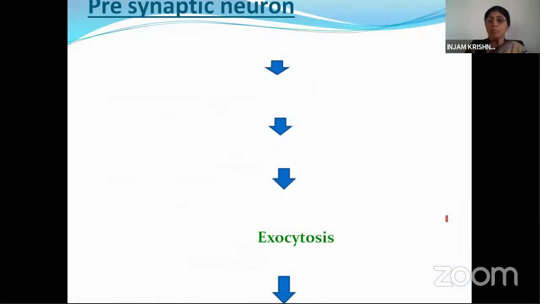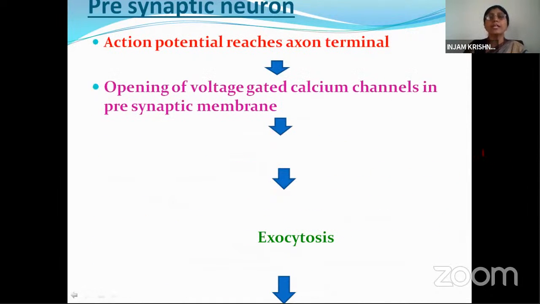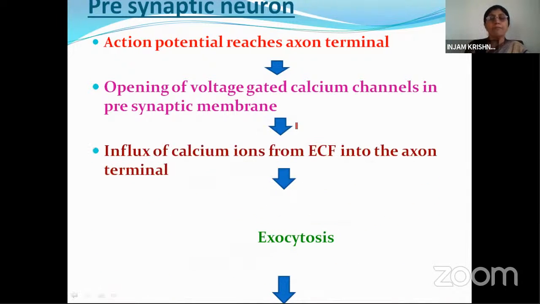Okay. Now I want to show it in sequential order, so this is the schematic representation. Action potential reaches the axon terminal. Opening of voltage gated calcium channels in the presynaptic membrane. Influx of calcium ions from ECF into the axon terminal.